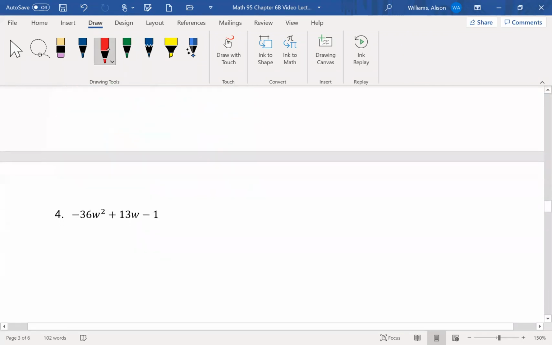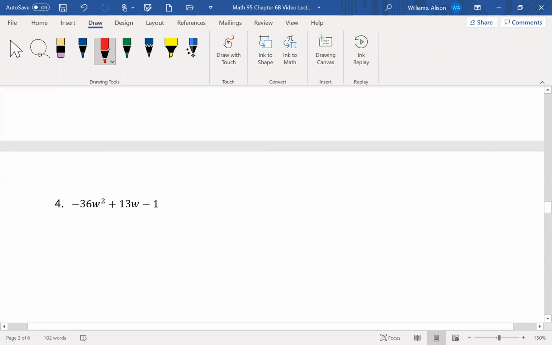All right, let's try another one. For this one, I don't really have a GCF, but I do notice that the first number is negative. When we talked about GCF, we talked about how if the first number is negative, we should factor it out. So you could think of it as factoring out a -1 or just a negative, which would basically just change all the signs.